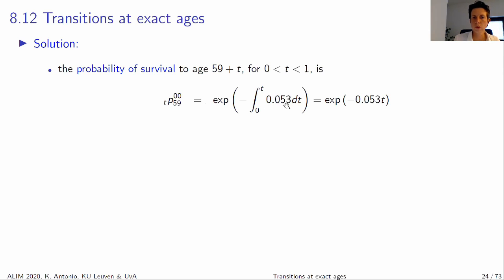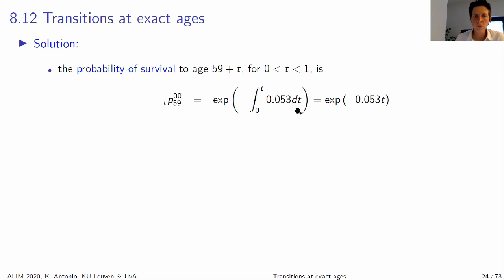So the 0.053 that you see over here should be the sum of all the applicable forces of decrement in this scheme. So do note we take a t that cannot go beyond 1 year, because we really want to break it up to start from time interval to time interval.